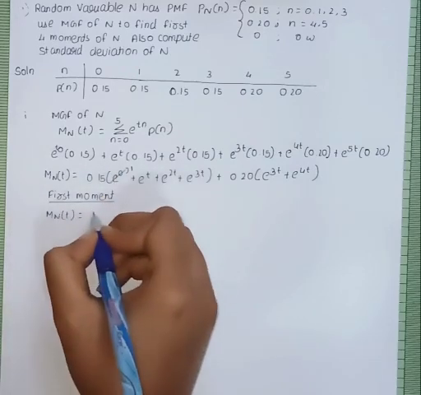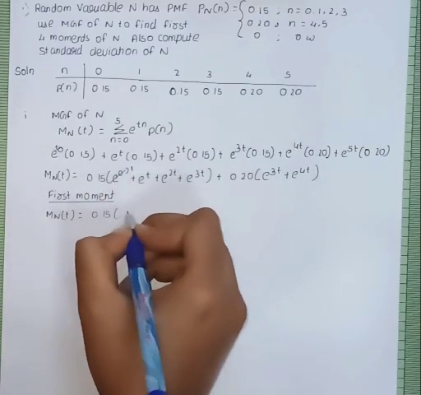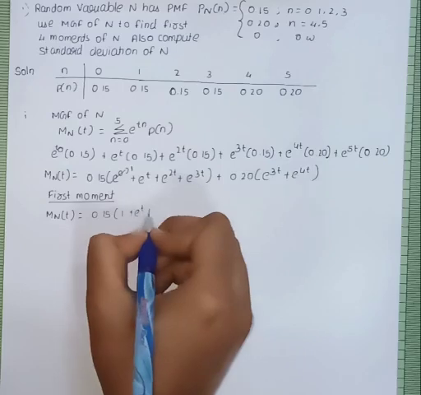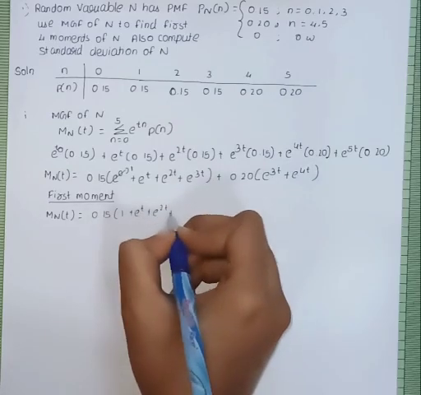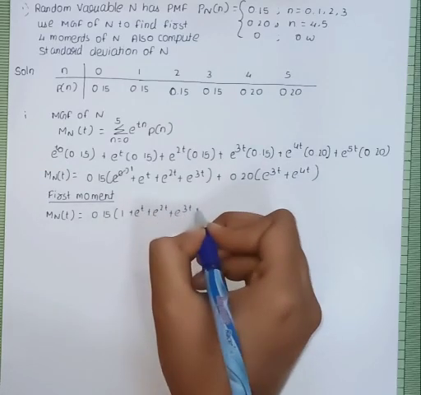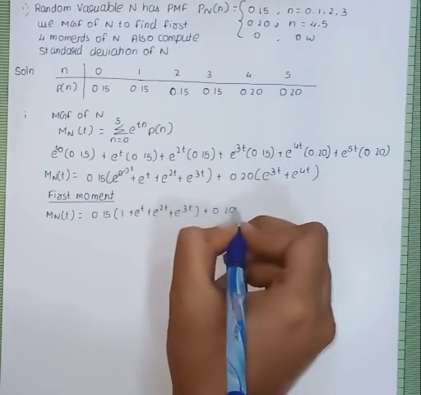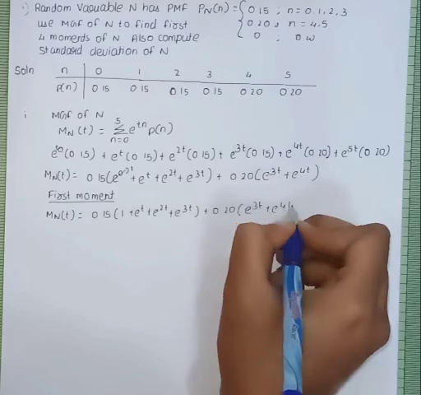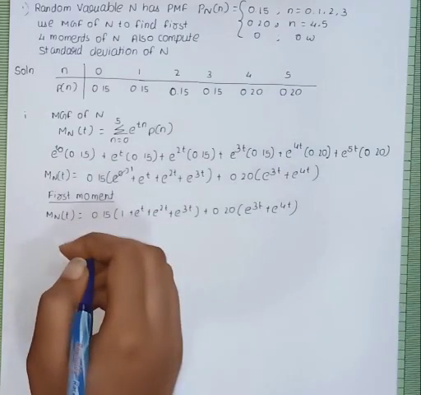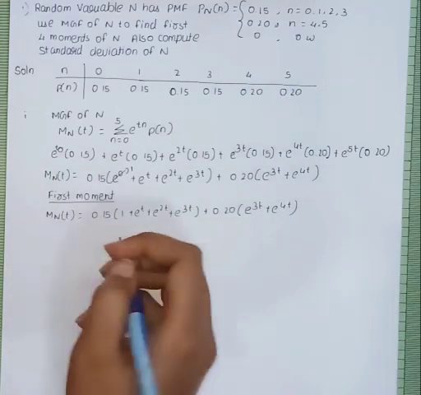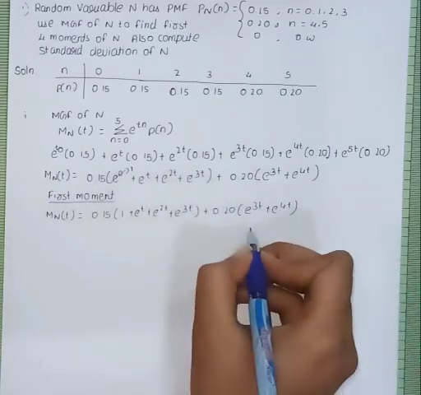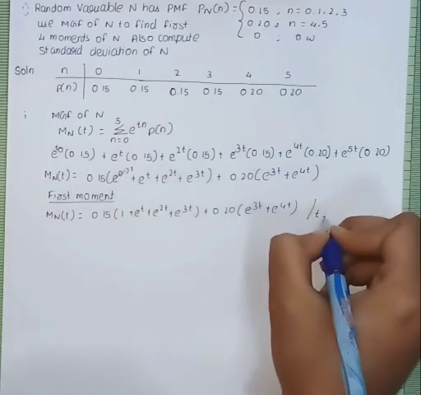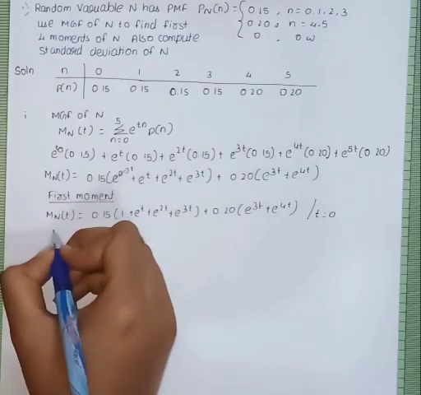So I'll write this again: 0.15 into 1 plus e power t plus e power 2t plus e power 3t, 0.20 into e power 3t plus e power 4t. We need to substitute t equals 0 in order to find the first moment.